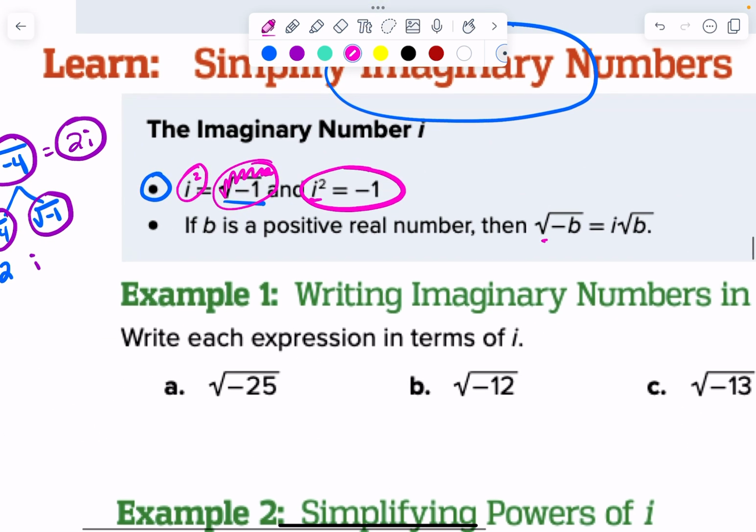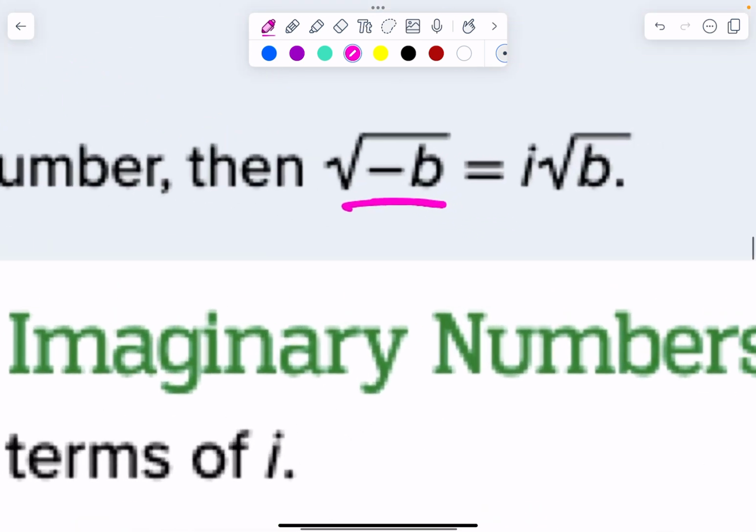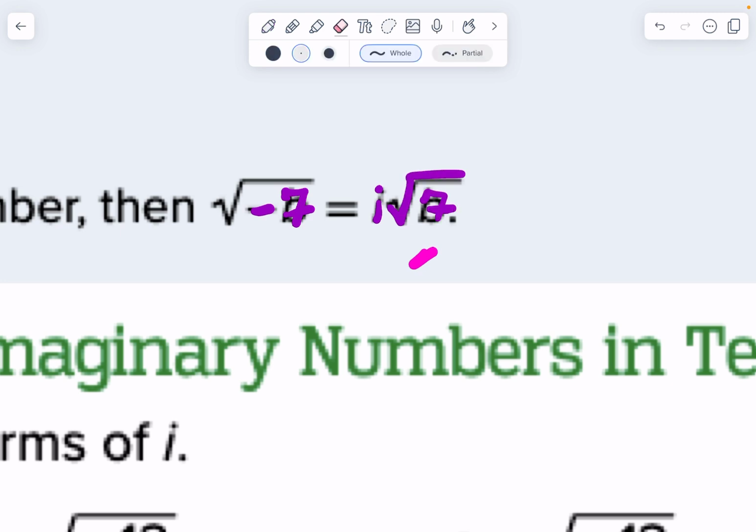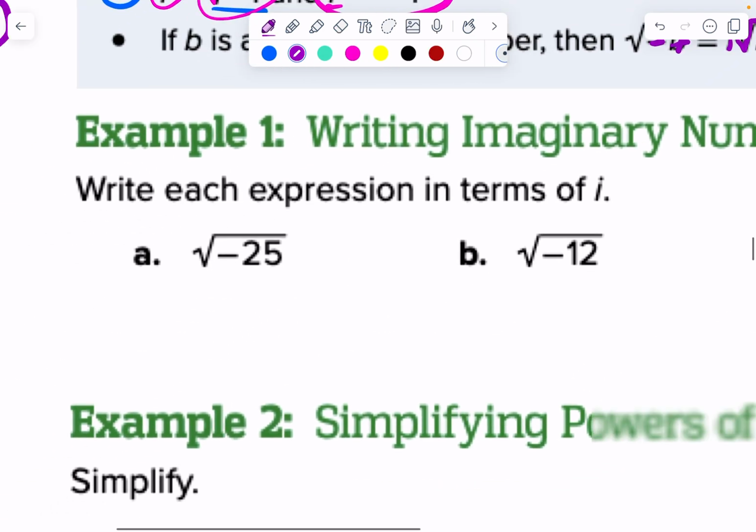Like they had here, if B was -4, this would be i times the square root of 4, or in this case 2i. If this is the square root of -7, this would just be i times the square root of 7, because that negative is going to pop out as an i.